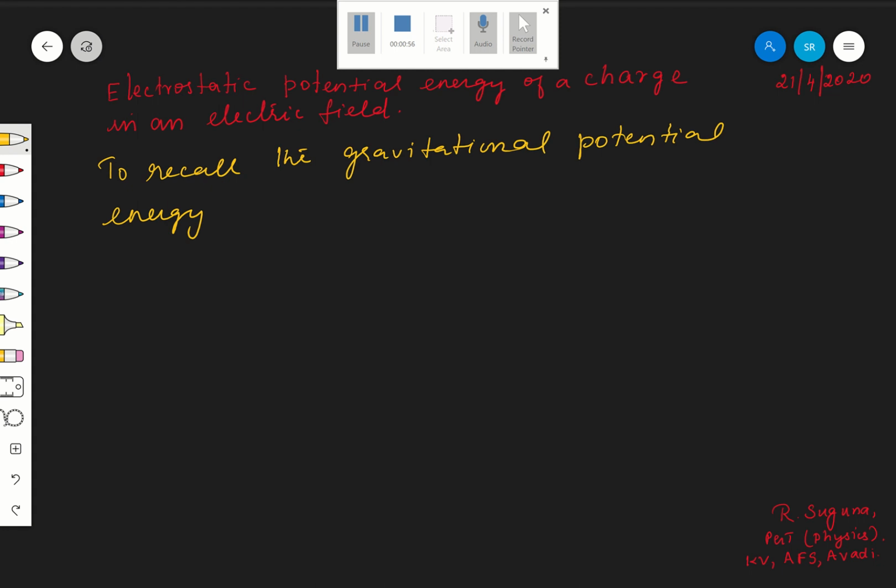Now let us consider a mass, called a source mass. Surrounding the source mass, there will be some gravitational field. This source is producing a gravitational field.